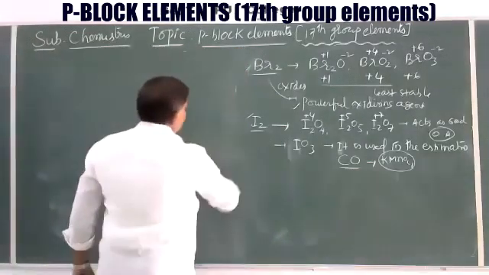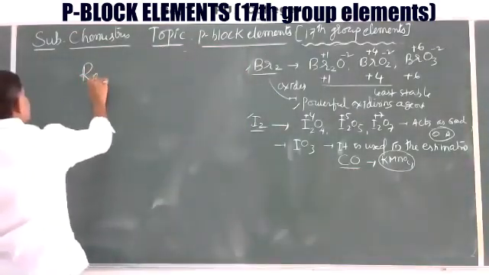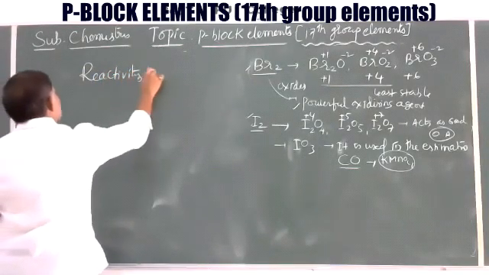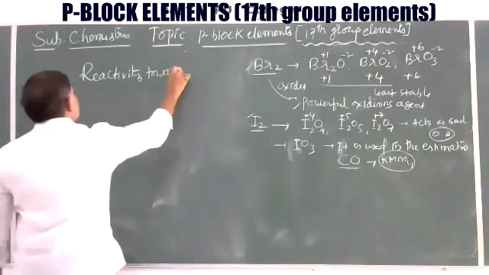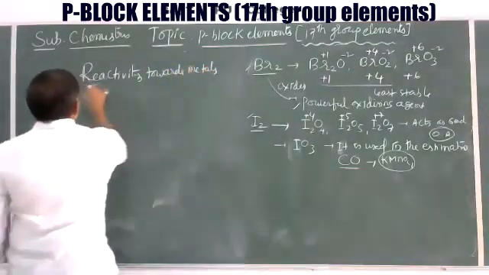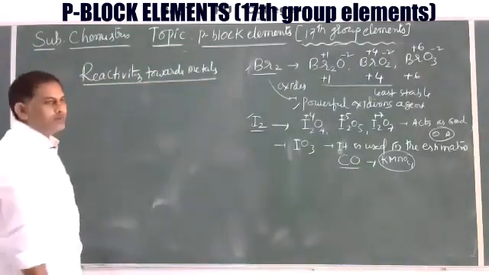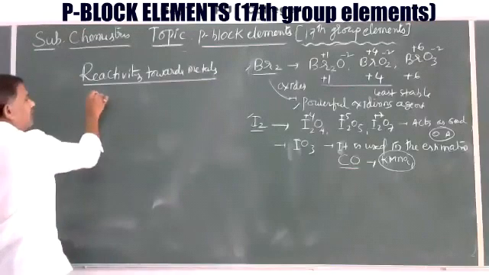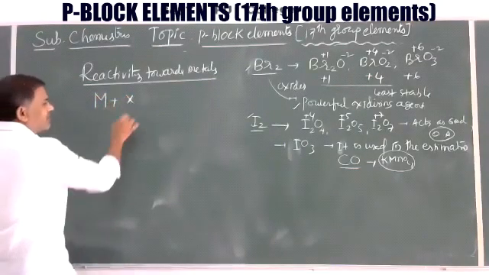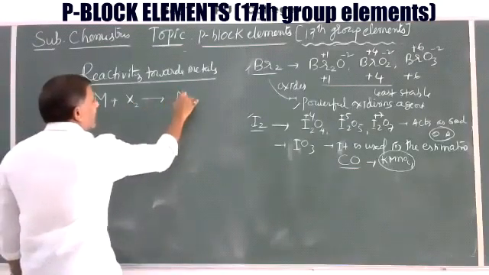Next one is reactivity towards metals. Metals combine with halogens X2 and give the corresponding metal halides.